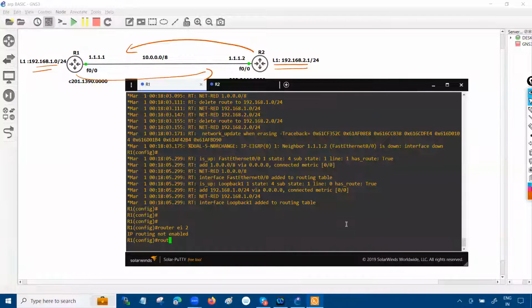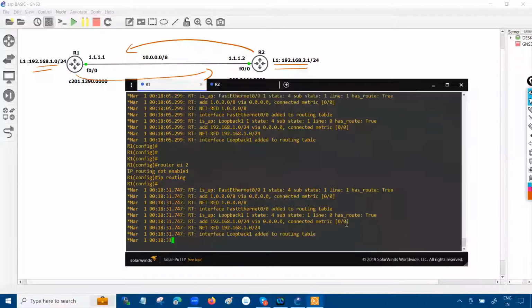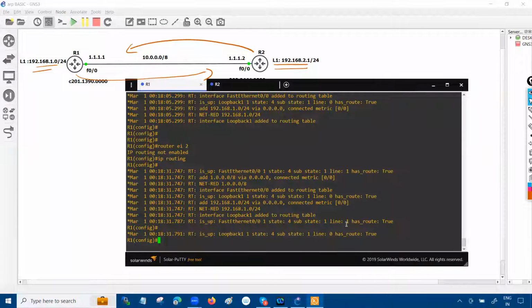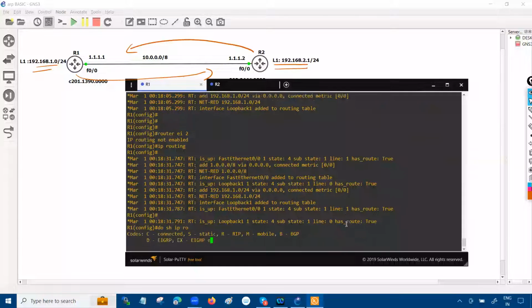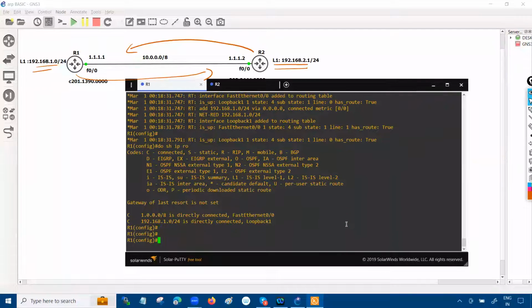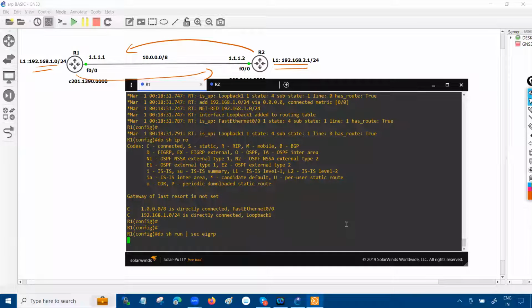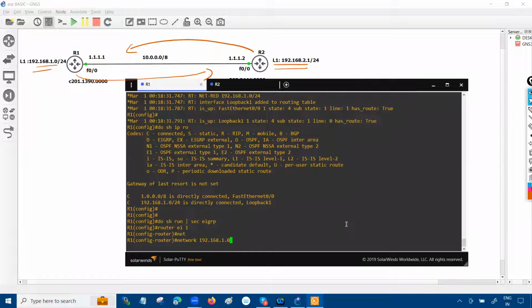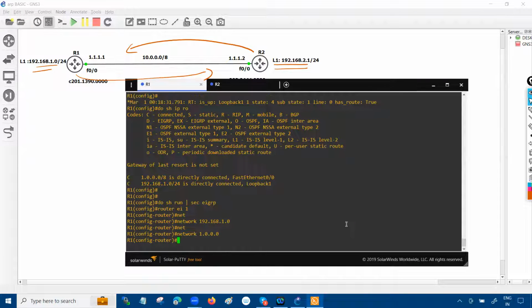So if I say IP routing again, all the information comes back. Do show IP route. How about the EIGRP? Do show run section EIGRP. It's gone. So let's configure router EIGRP and say network 1.0.0.0 and network 1.0.0.0.